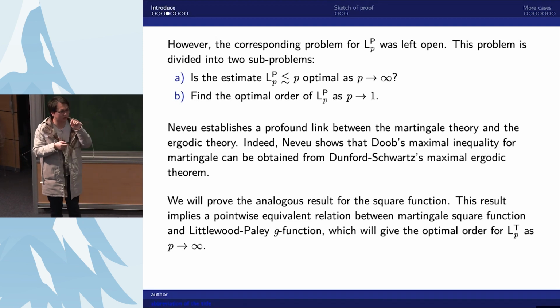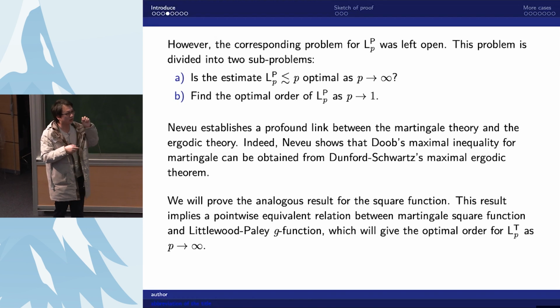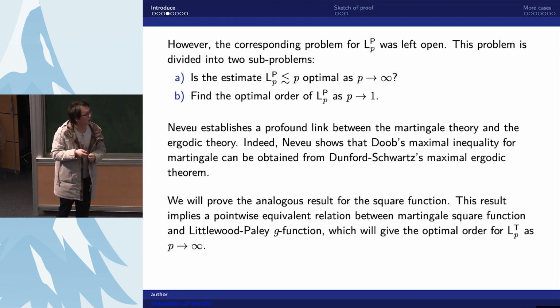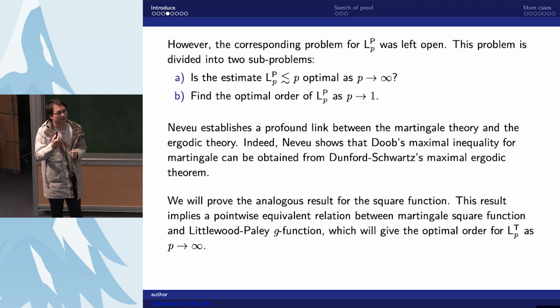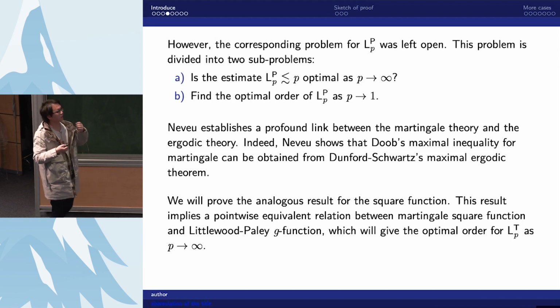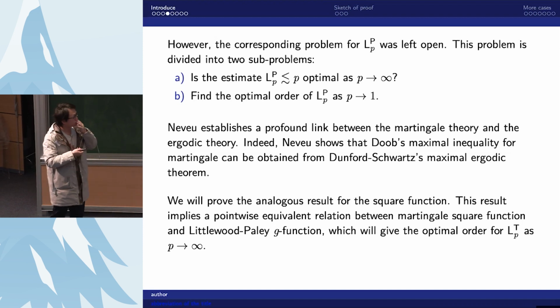Here, the square function is the Littlewood-Paley G-function for convenience. This result implies a pointwise equivalent relation between the martingale square function and the Littlewood-Paley G-function, and we can obtain the desired result from the optimal order of the Burkholder-Gundy inequality. We will see it later.